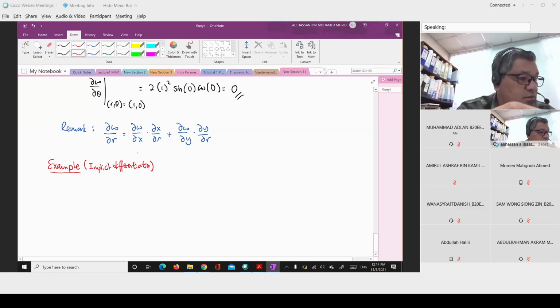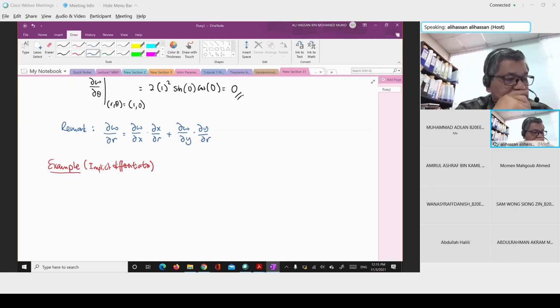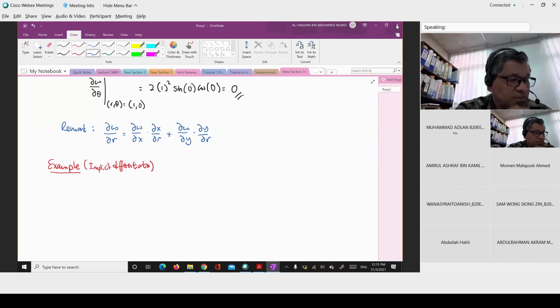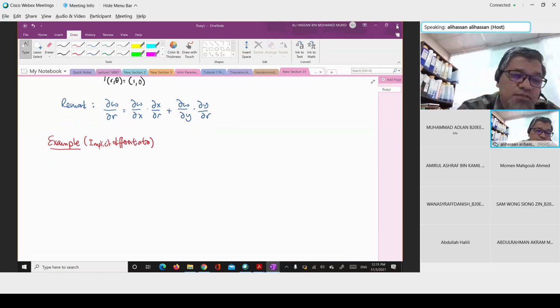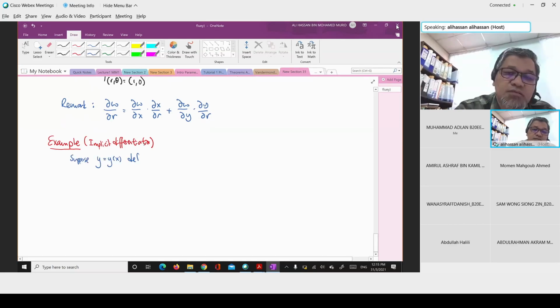Let's look at what we have studied in calculus before. In calculus, suppose y is a function of x defined implicitly as this relation: x squared plus 2xy minus 3y squared equal to 6.